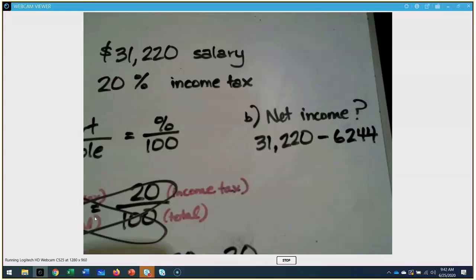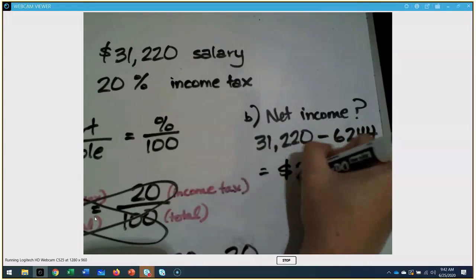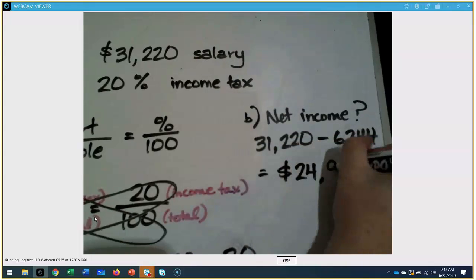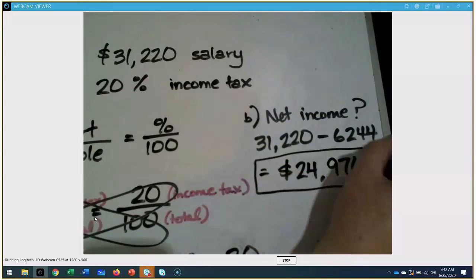So you need to subtract to figure that out. So 31,220 minus 6244 from part A gives me a take-home pay of this. Well, that's what the person would make per year.